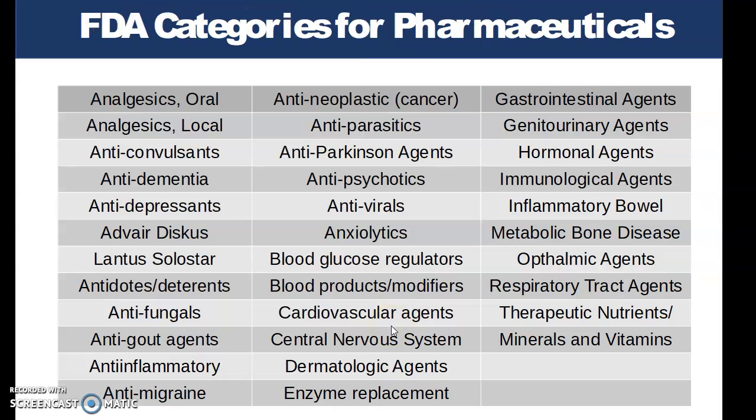So here are the 33 categories. Analgesics, these are oral analgesics, and they're further subdivided into those that are opioid and the non-opioid. You've got your analgesics that are local, and then you have your anticonvulsants.